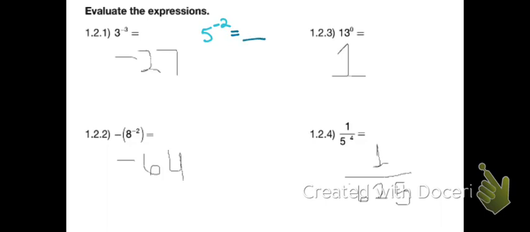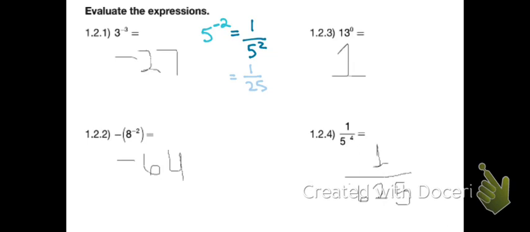So I'm going to take that negative sign off and put just 5 to the second power. Now, there's nothing in my numerator, so I'm going to put a 1 there. So 5 to the negative second power is the same as 1 over 5 to the second power. And then 5 to the second power is 25. So this is the same as 1 over 25. So that's your answer there.